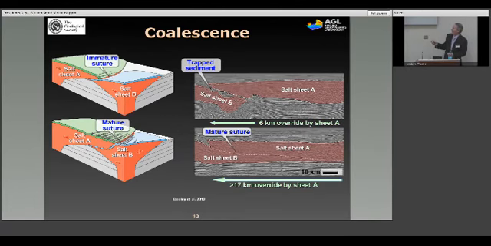And you'll notice that it's trapping sediment between the two sheets, and that sediment is the former roof of salt sheet B. This is overriding it like a tank tread over the top of it. When it becomes a little more mature and salt sheet A has really rolled completely over into salt sheet B, those trapped sediments get strung out and broken up into little inclusions.